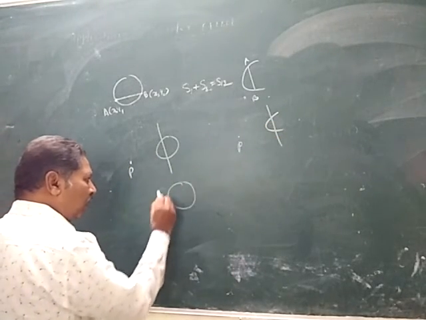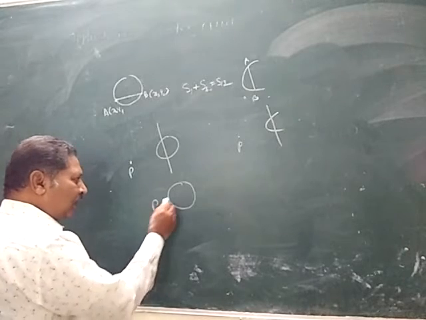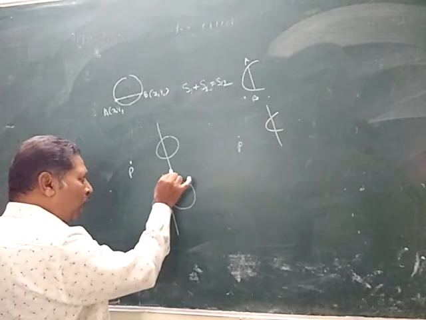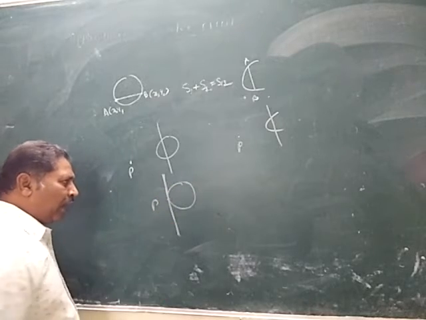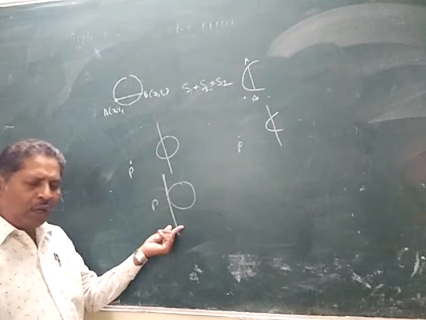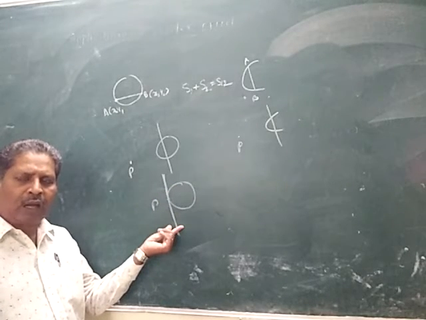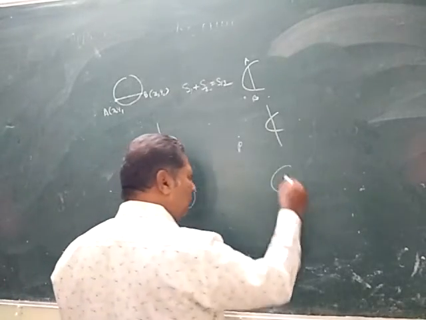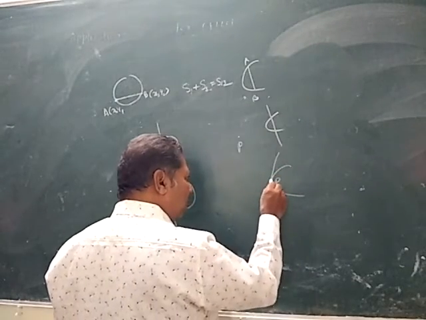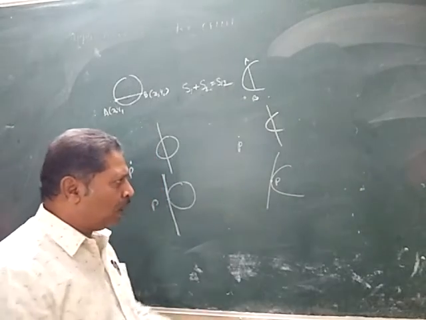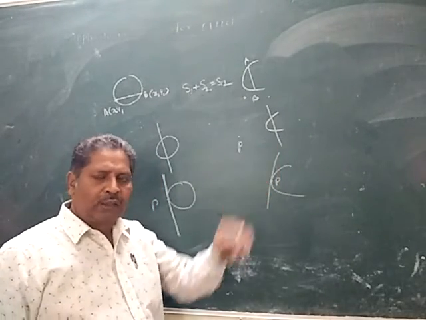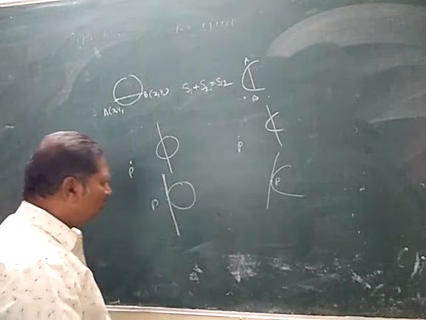Suppose P lies on the circle, then this polar is nothing but the tangent line. Polar and tangent coincide. In a parabola also, suppose P lies on the parabola, the polar equation becomes the tangent equation.